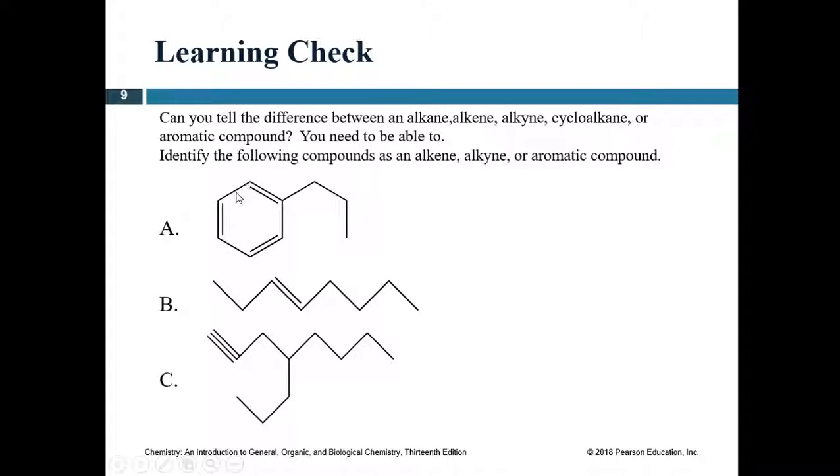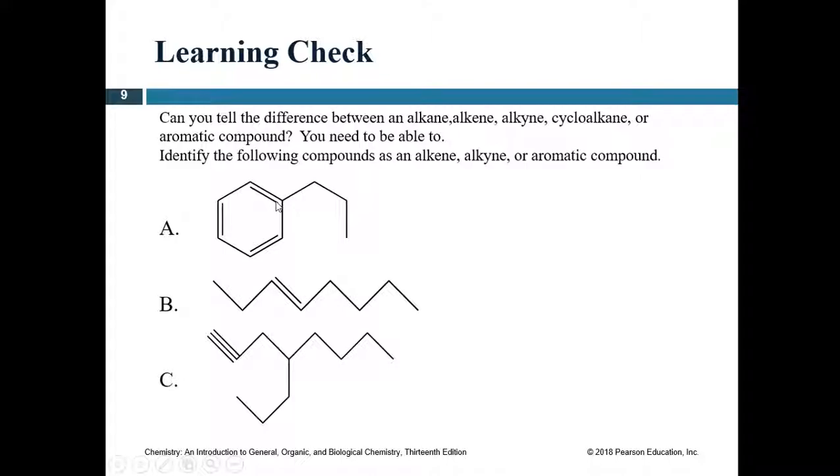Now, you may be tempted to look at this molecule on A and go, oh, we've got some alternating double bonds, that must be an alkene. No. This is our aromatic compound. Remember how they sometimes write our 6-membered ring with alternating double bonds right here?